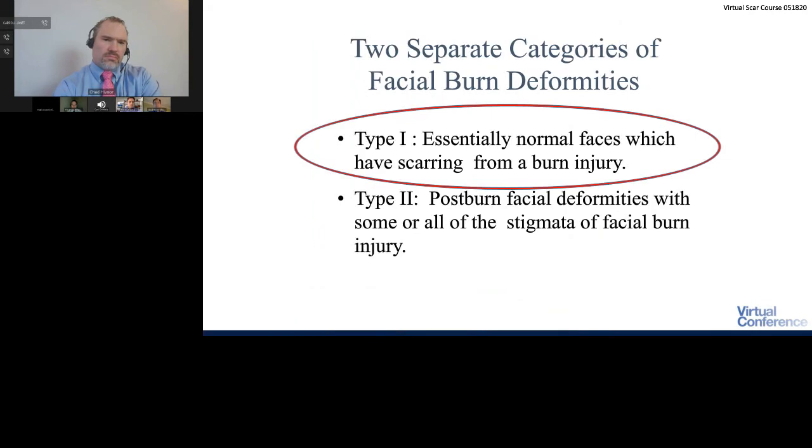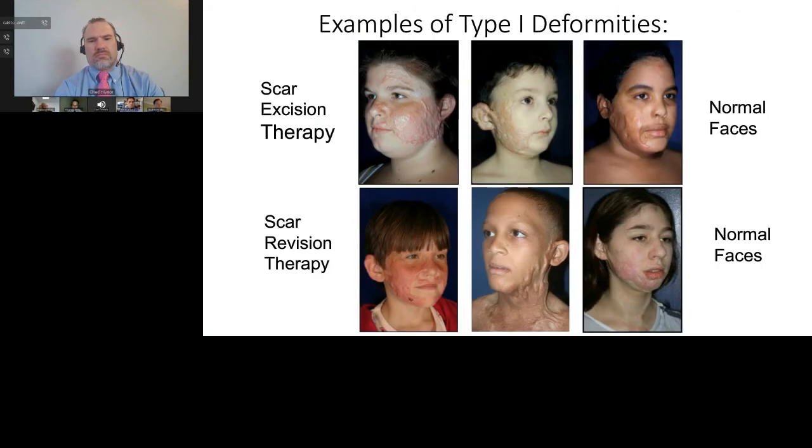You can get a good feeling for the negatives of burn scar excision by looking at what we call type 1 burn injuries to the face. These are patients with normal faces but happen to have hypertrophic scarring after a burn. The top 3 of these patients have completely normal faces. The bottom 3 actually have some contractures associated with their hypertrophic scars, but in general they're normal faces.